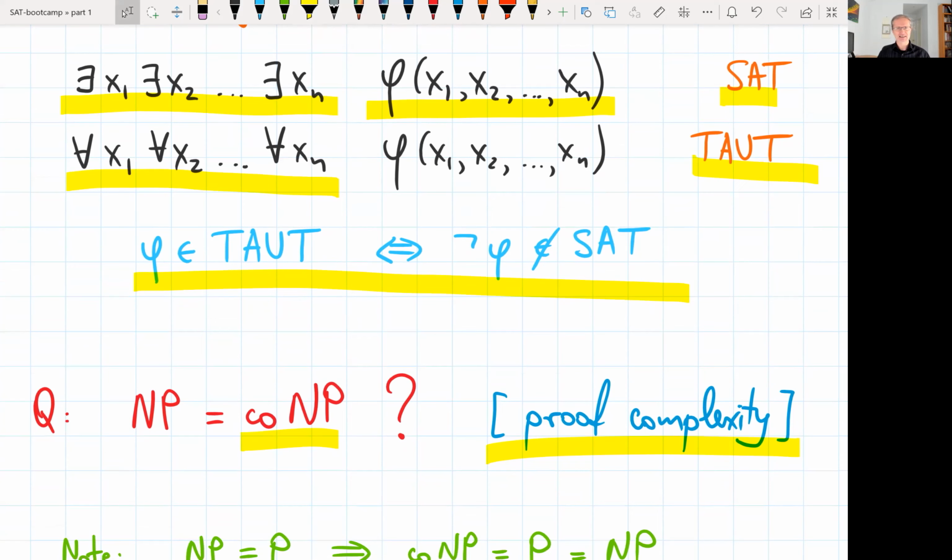And of course, SAT and proof complexity are very much related, and we'll hear much more about proof complexity in this workshop and the bootcamp as well.